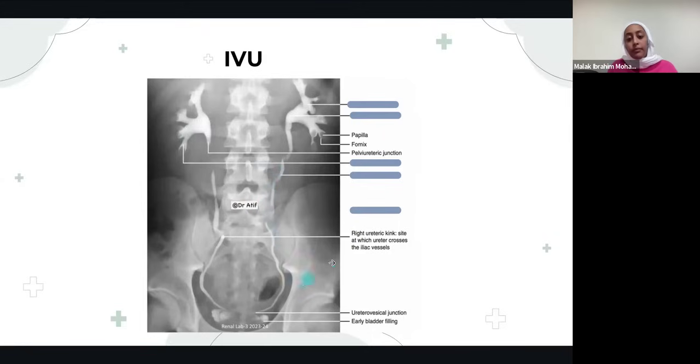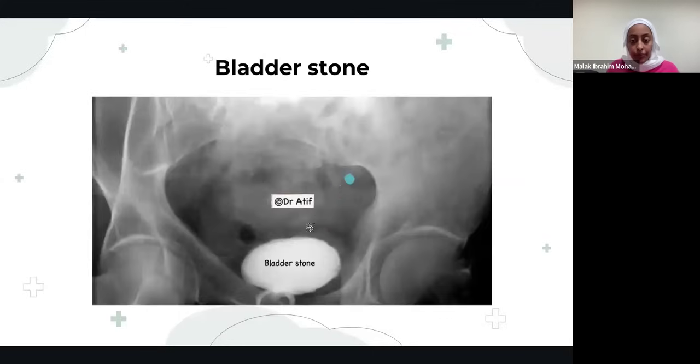Again, this is the major calyx, this is the pelvis, this is the ureter. I forgot to mention whether it is left or right. This is the left ureter, and this is the right ureter. And this is basically a bladder stone. If they give you a question, they'll just give you this image and ask what this is.